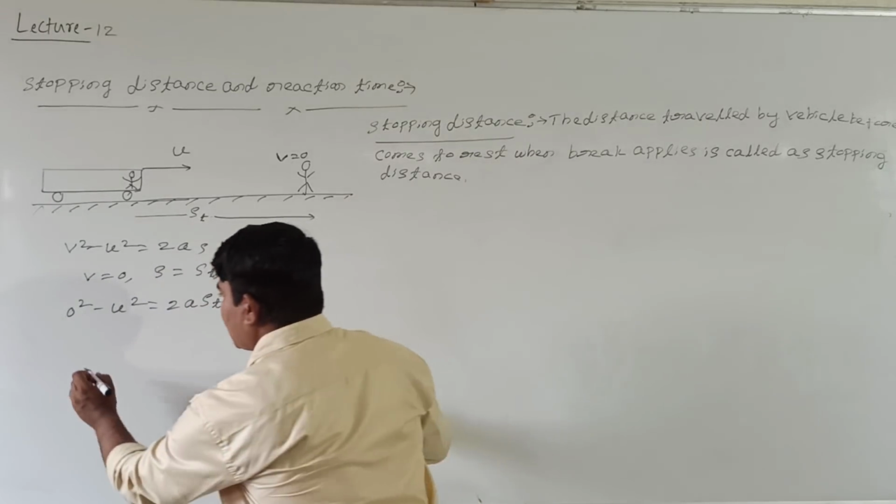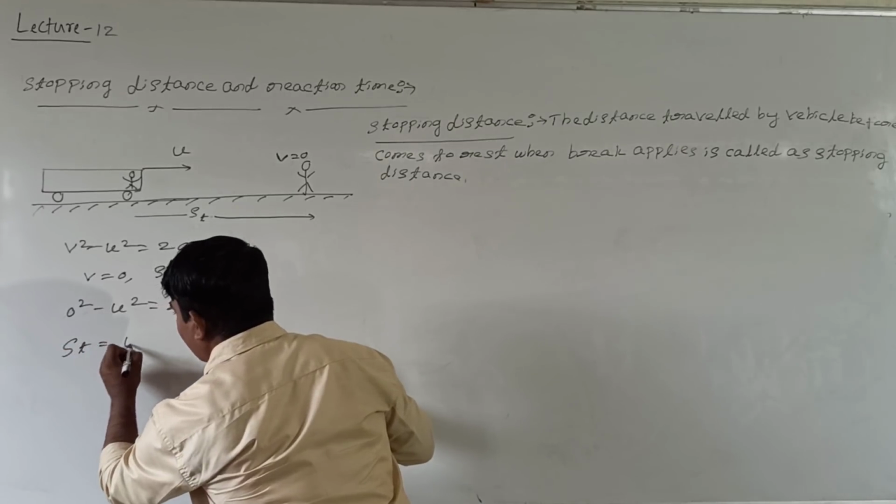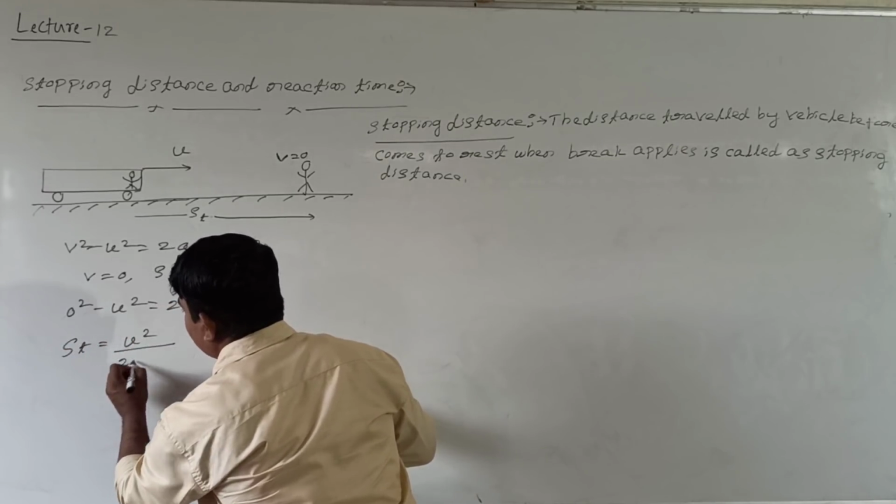Or what is the stopping distance formula directly? Stopping distance is equal to minus u square divided by 2a.